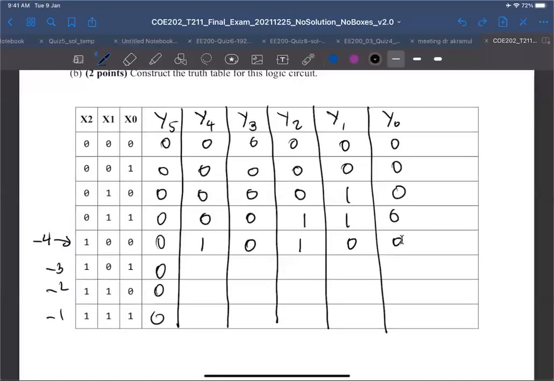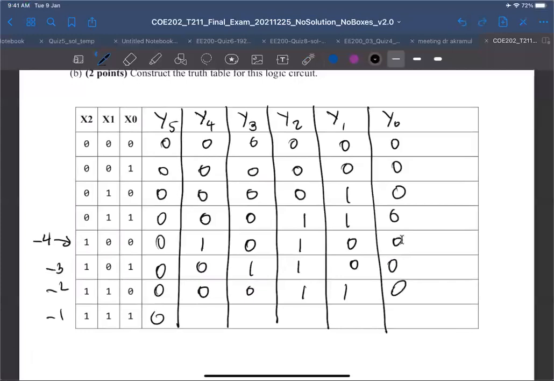For -3, it is 9 plus 3, which is 12. So 0, 1, 1, 0, 0. And then -2 is going to be 4 plus 2, which is plus 6.